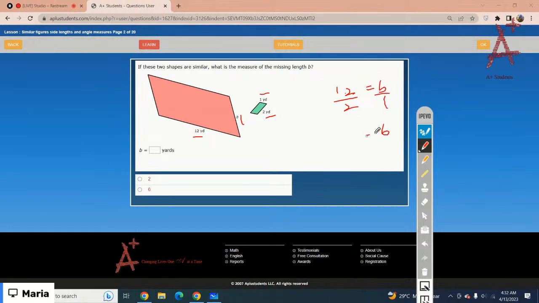Solve for b, so it would be 12 times 1 over 2, that means b equals 6. Got it? So the correct option is 6.